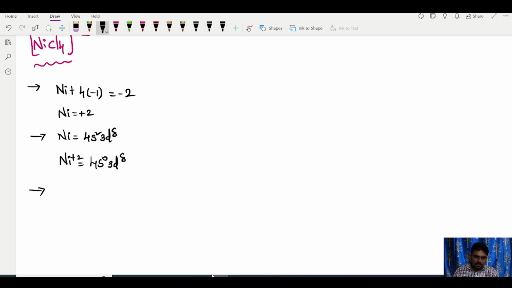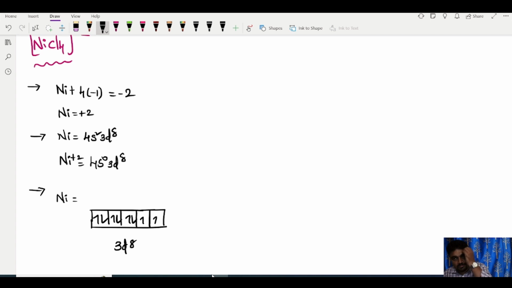In nickel, first you have to draw the 3d subshell. The 3d subshell carries 5 orbitals, you know, right? 3d8: 1 2 3 4 5 6 7 8.